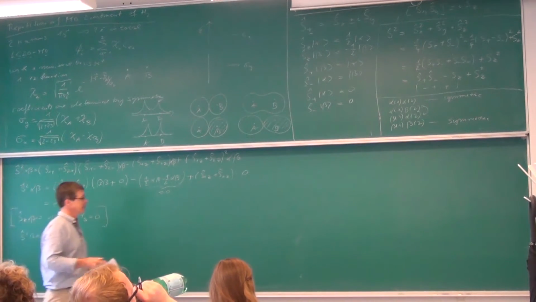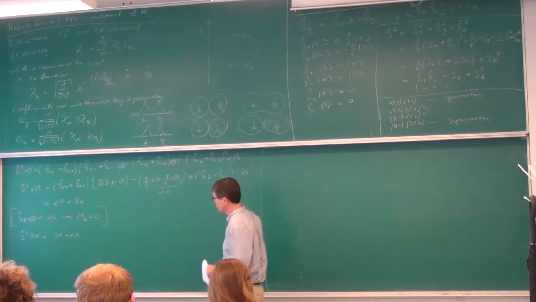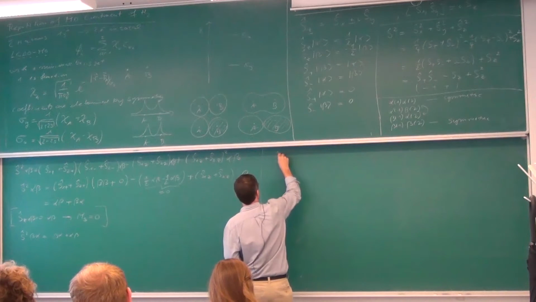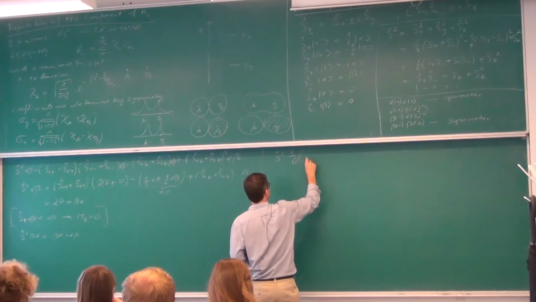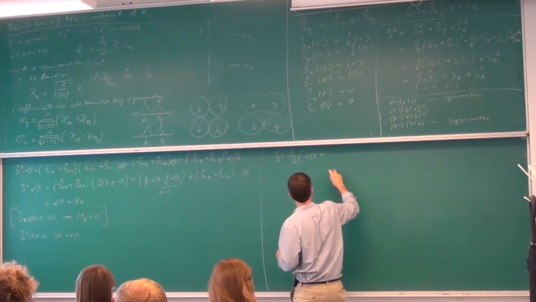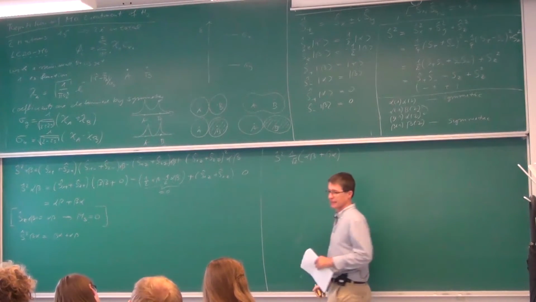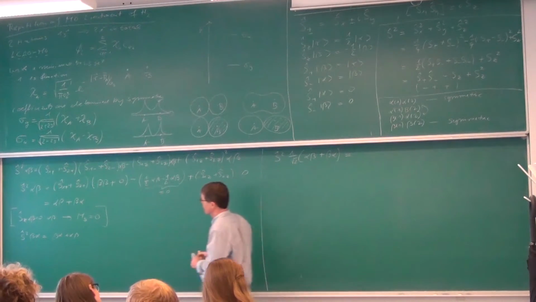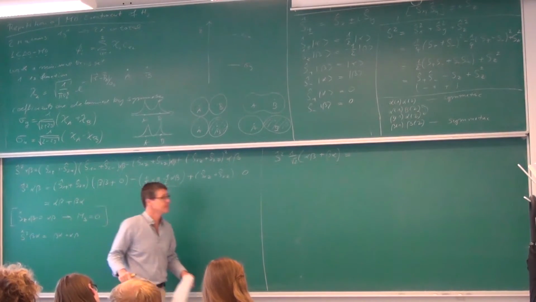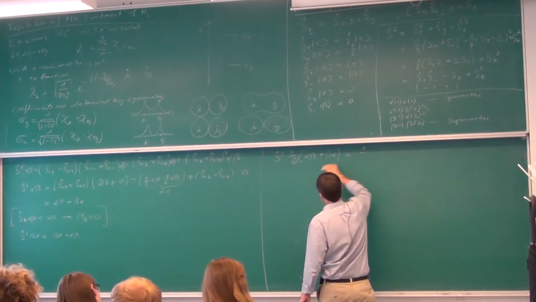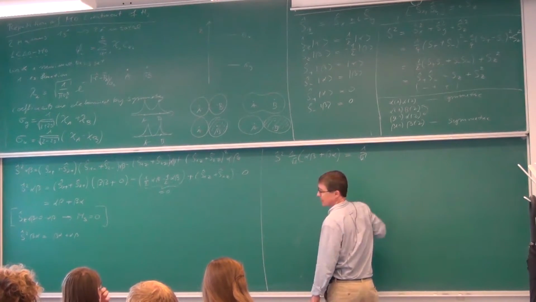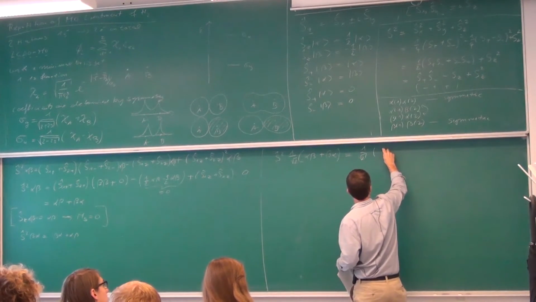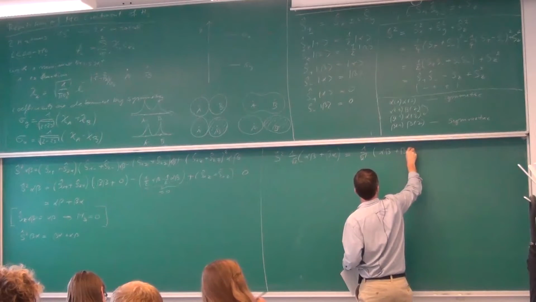So neither of those two is an eigenfunction of S squared, but I could try to let S squared act on 1 over square root 2 times alpha beta plus beta alpha. I know what it does on alpha beta. The 1 over square root 2 is not affected by S squared, so I take that out front. Then I let S squared act on the first one, that gives me alpha beta plus beta alpha.